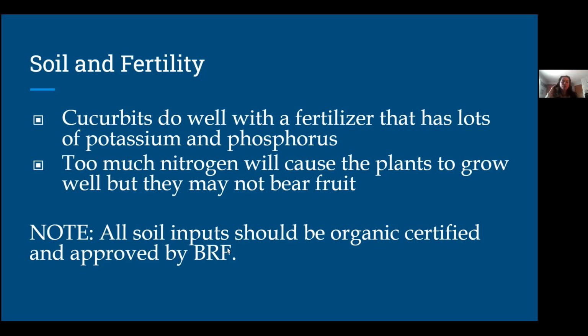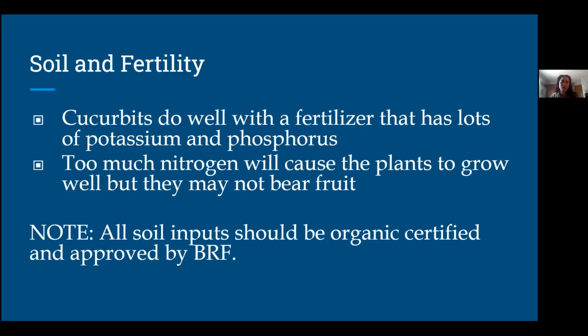And a little bit about the soil and fertility. For this class, we're not going to be delving super far into soil health and fertility. That's going to be a separate class, but just to familiarize ourselves with what these crop families need. They do well with a fertilizer that has lots of potassium and phosphorus, but too much nitrogen can cause the plants to grow well but not bear fruit.